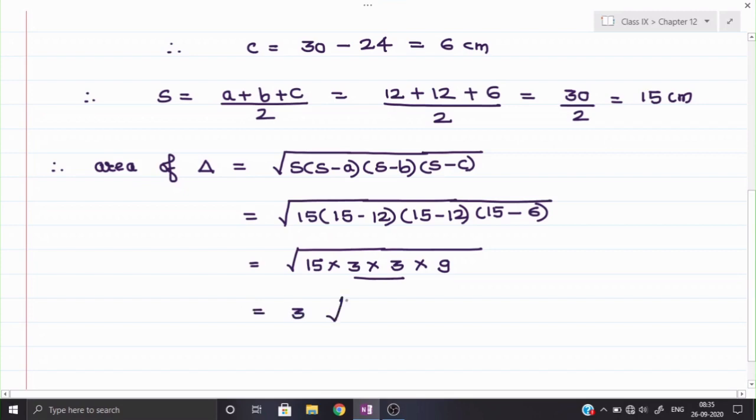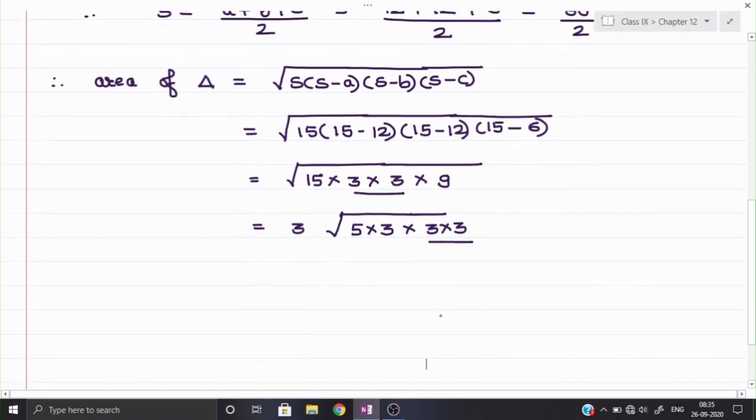Now 15 is equal to 5 into 3, or 3 into 5, and 9 I can write as 3 into 3. So this one pair of 3 is again complete, so that also I will take outside, but I find here 5 and 3 remaining unpaired, that we can't do anything about. So that will be under root of 15 as it is.